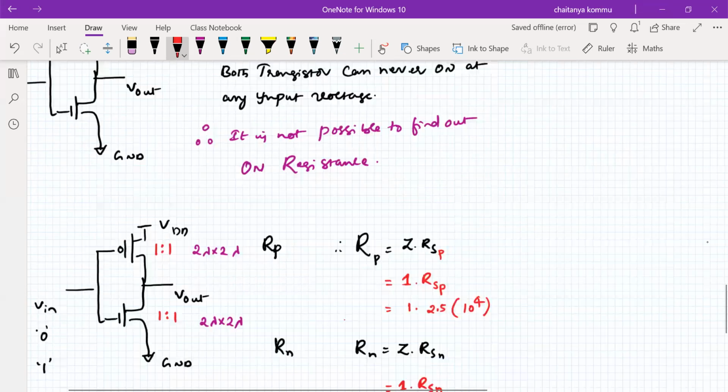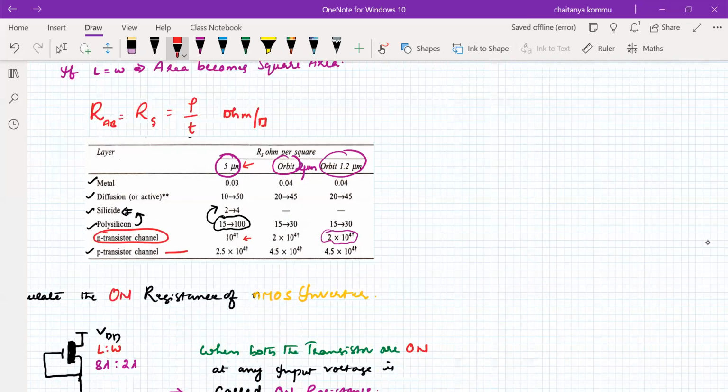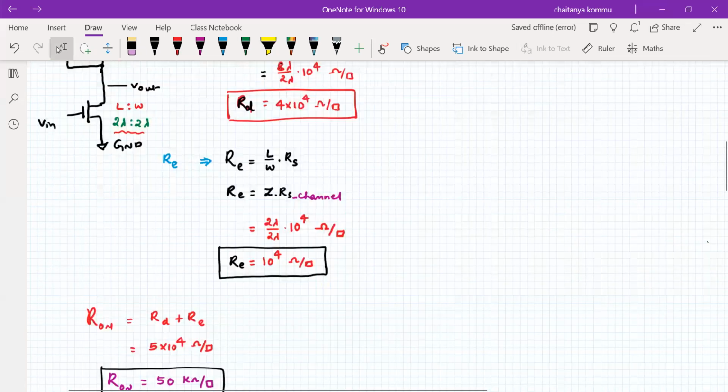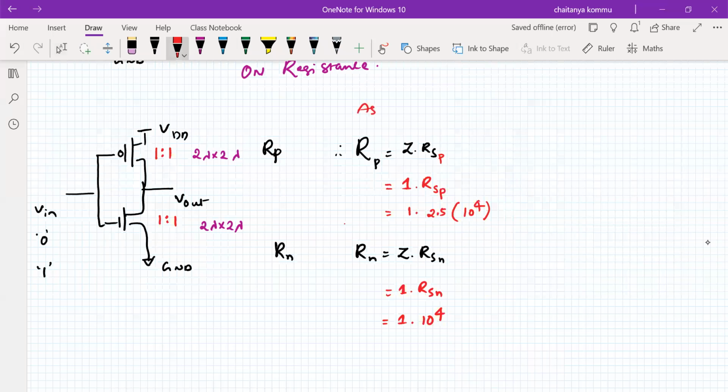So that's what we can see here, in this table, it is 2.5. So consider 5 micron technology. Don't forget to write, assume 5 micron technology. Its value becomes 10 to the power of 4, that is 10 kilo ohm per square.